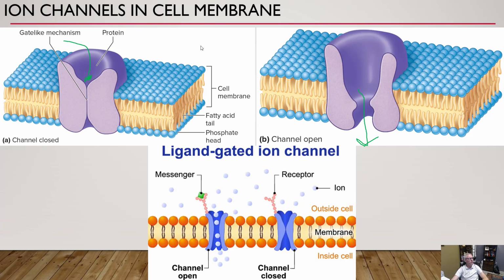So sodium would go this way, and potassium would go this way, because we have a higher concentration of sodium outside the cell, so sodium would go inside the cell. Potassium would go the opposite way because we have a higher concentration of potassium inside the cell versus outside the cell.